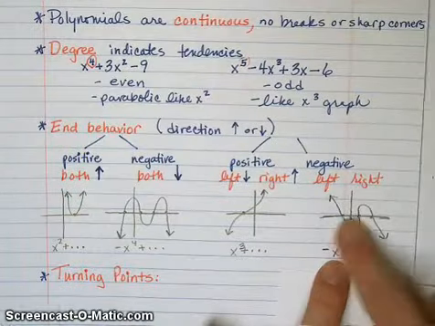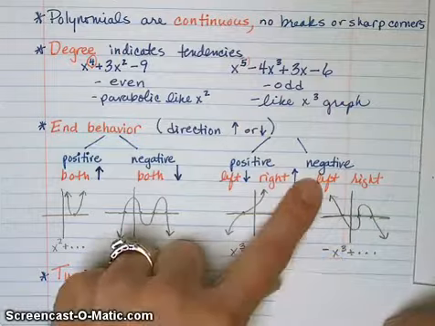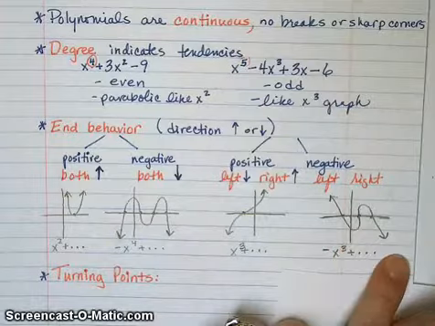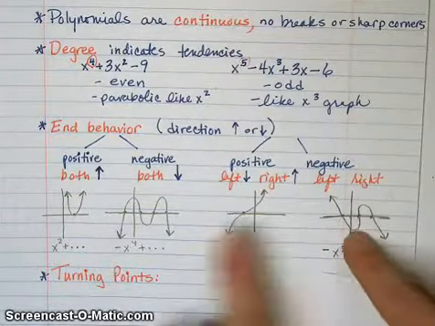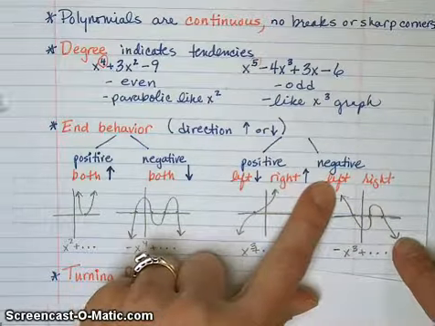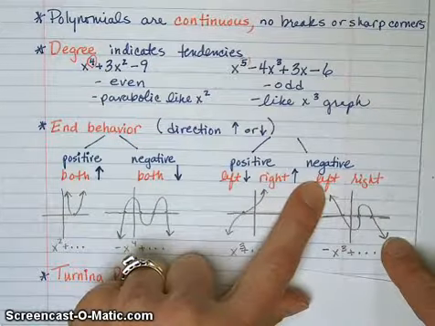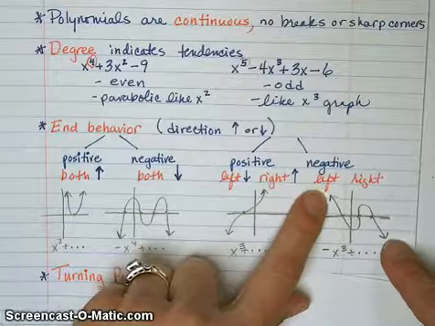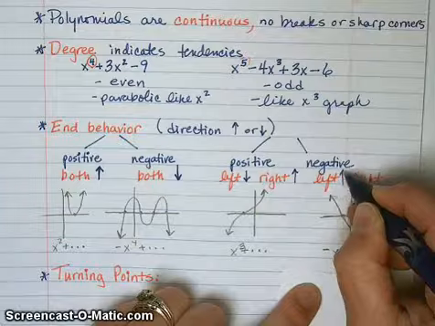I've got 3 zeros there. It started high, came down, curved, went back down, okay? And that one looks very similar to a parabola, but it's not. If it's got a high and a low end, then I know that it has an odd exponent. So that's what we're talking about, the end behavior. I just want to know direction. So this one would be left, up, right, down.